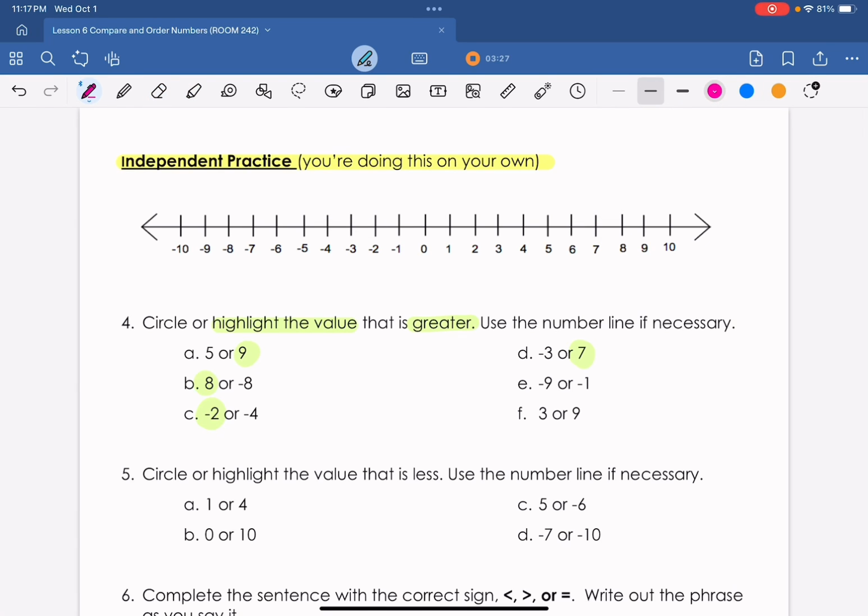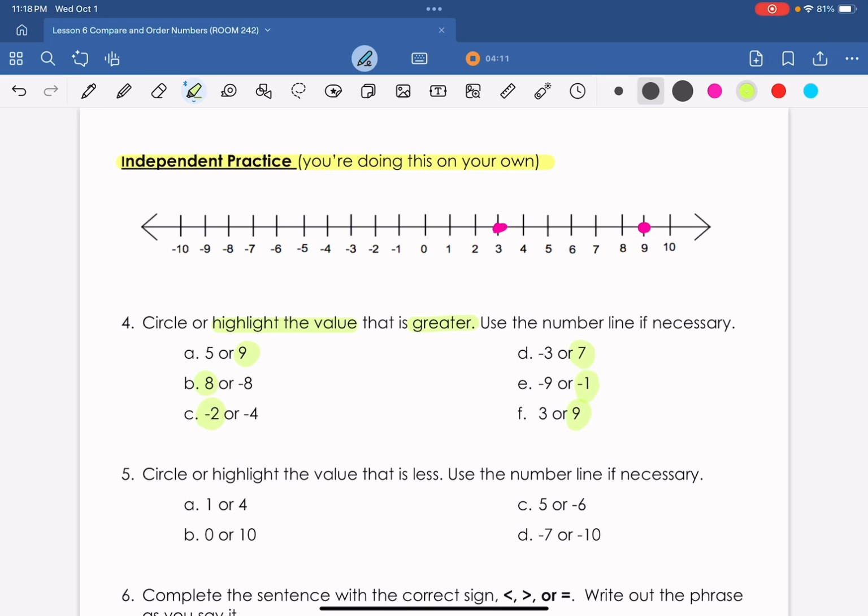And we have -1, which is 1 unit to the left. -1 is further to the right. So it is going to be greater than. The last one, we have 3, which is 3 units to the right. And we have 9, which is 9 units to the right. So which one of those numbers is further to the right? It's 9. So 9 is greater than 3, right?